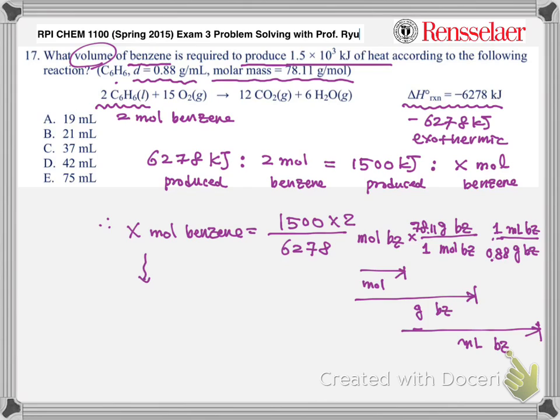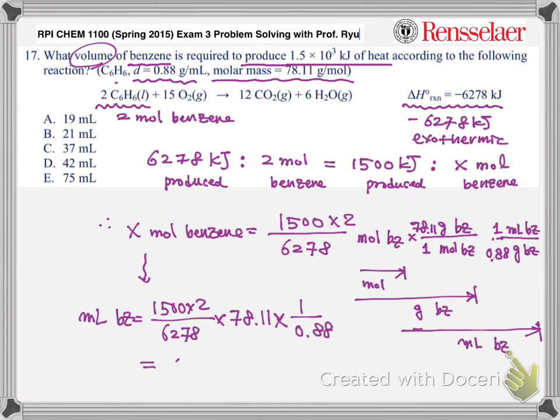This one is now milliliters of benzene is essentially 1500 times 2 over 6278, times 78.11 times 1 over 0.88, and that will lead me to getting 42 milliliters. So the answer for this is a D.